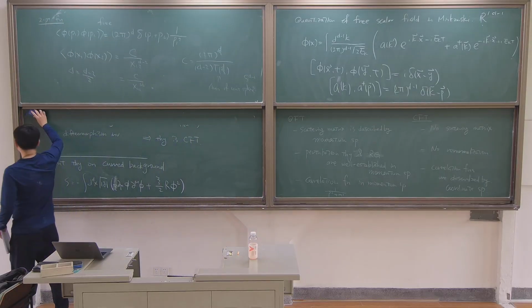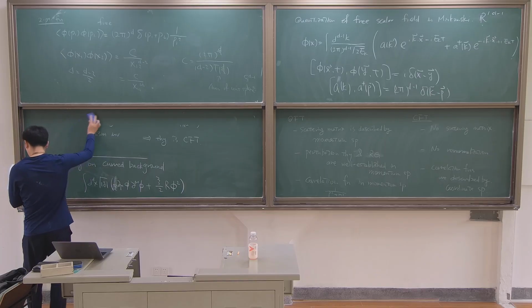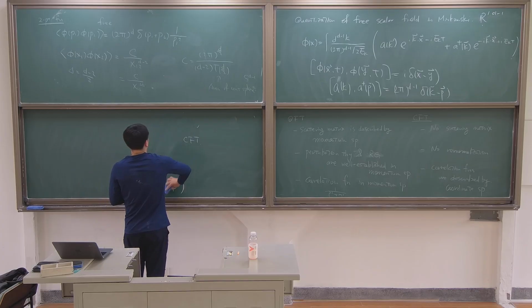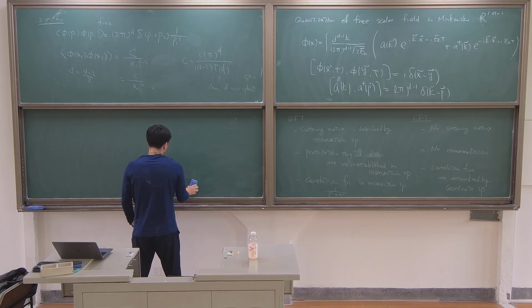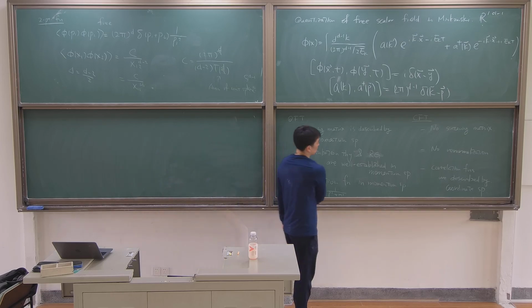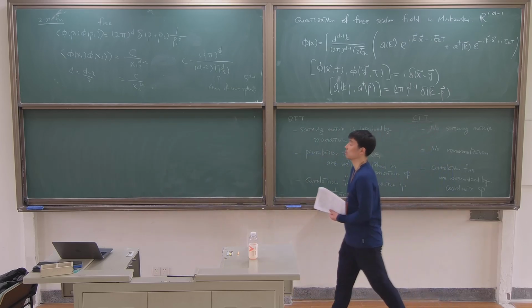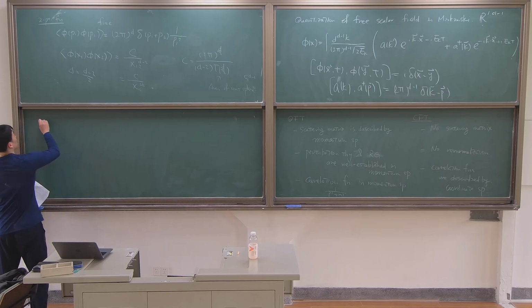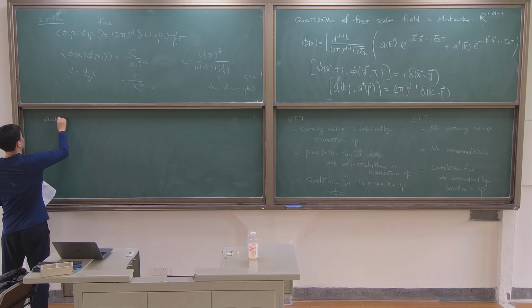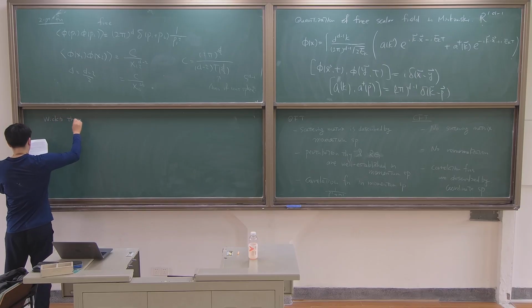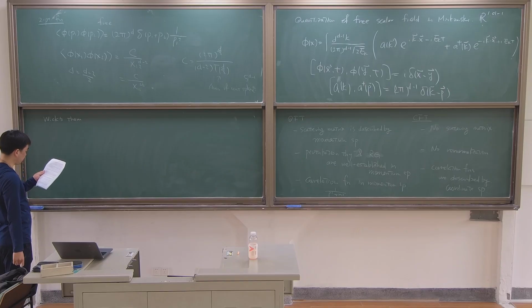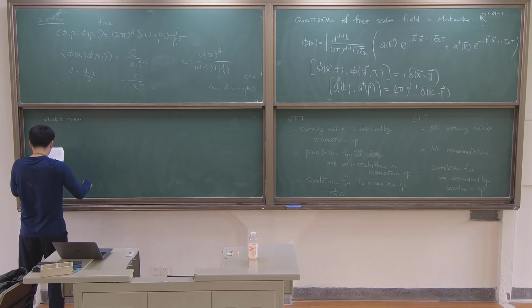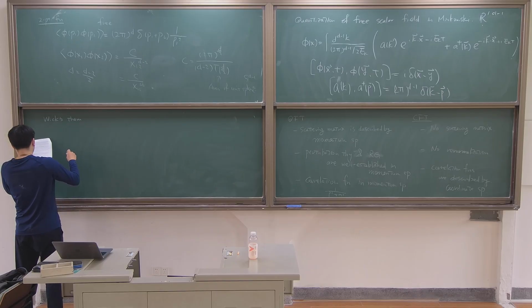Let's compute lots of correlation functions using Wick's theorem, which we already learned many times: just taking the contractions between pairs, and normal ordering.